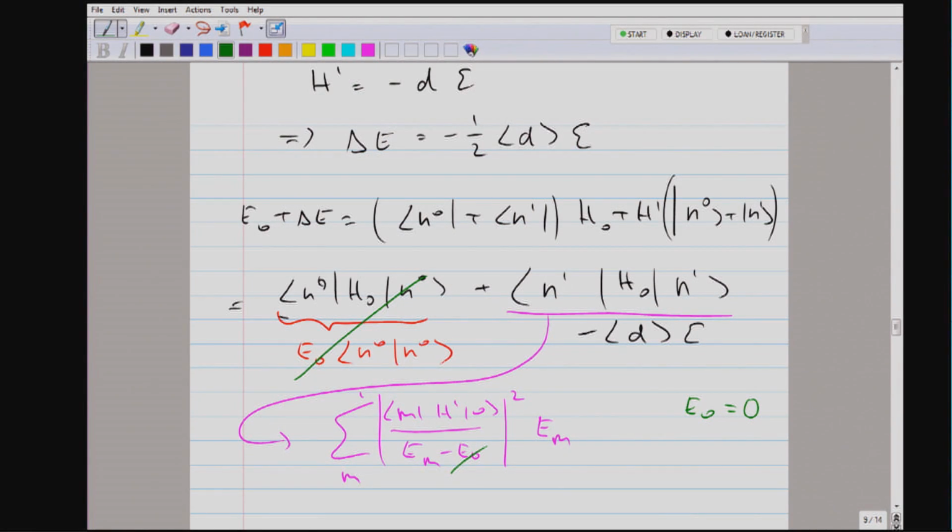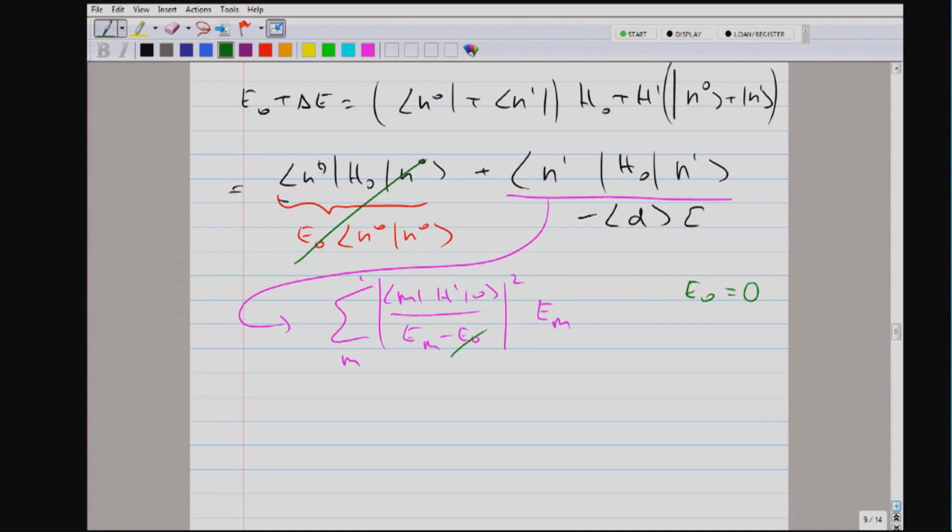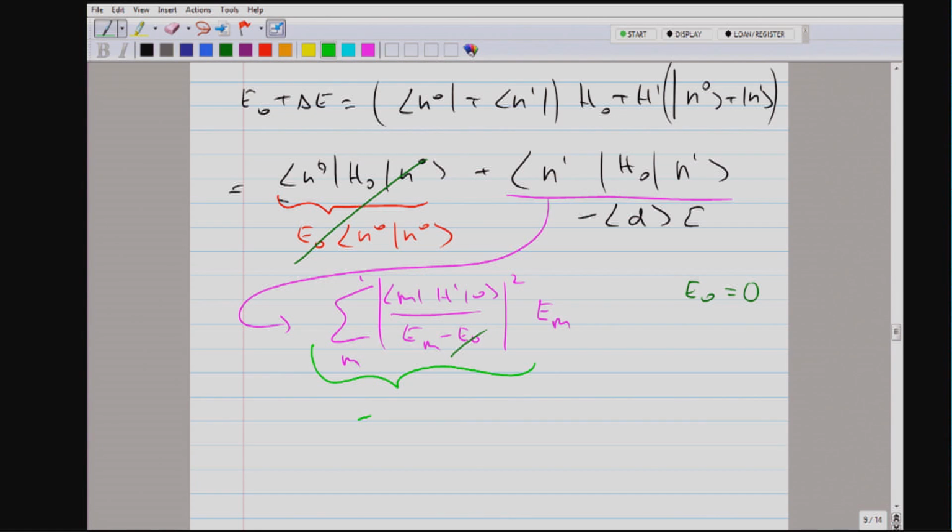But the result which I wanted to emphasize is this one here. It is a positive energy. You can immediately inspect that this positive energy is the dipole moment times the electric field over 2.